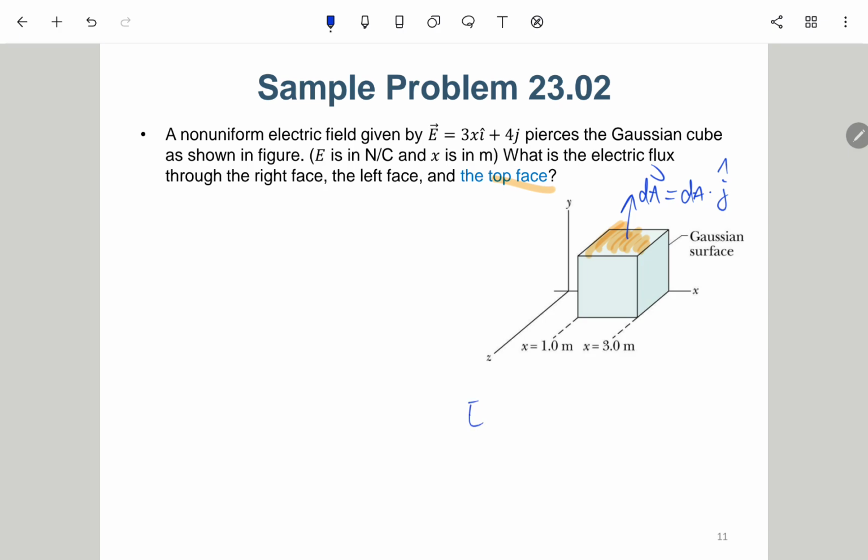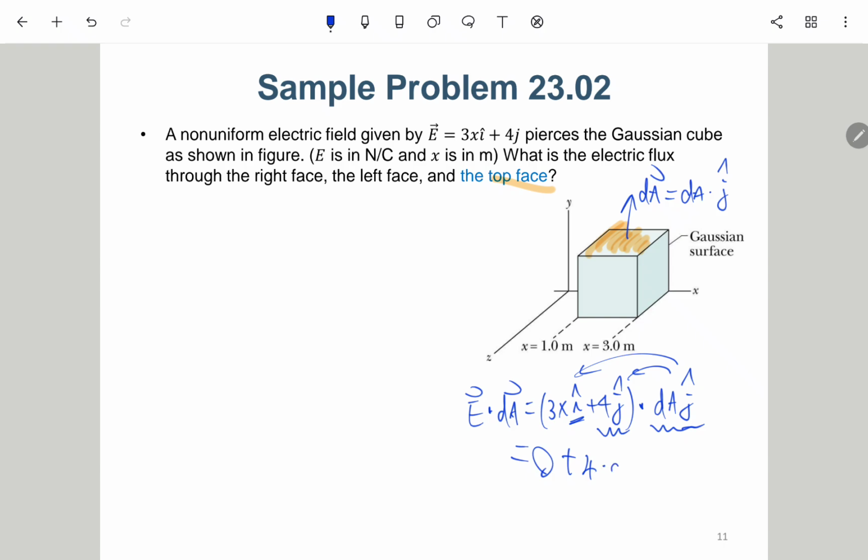Here we have E dot dA to be (3x i hat plus 4 j hat) dotted with dA j hat. We distribute: for the first one, i dot j is 0, so we have a 0, plus 4 j dotted with this one gives 4 times dA, since j dot j is 1. So it turns out to be 4 dA for the top surface.